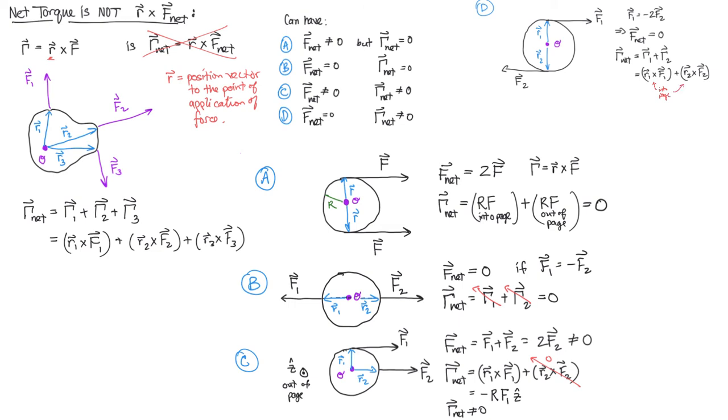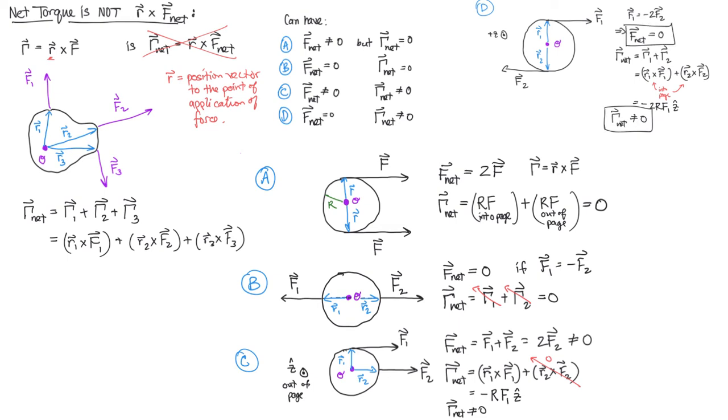So there's no way that those torques can cancel out. In fact, they're going to add together. And we decided that if the plus z direction was out of the page, into the page would be the minus z hat direction. And so the net torque is equal to 2 times the radius of the circle times either F1 or F2, because they're equal in magnitude, in the minus z hat direction. Anyway, the bottom line is the net torque is non-zero, even though the net force is 0.